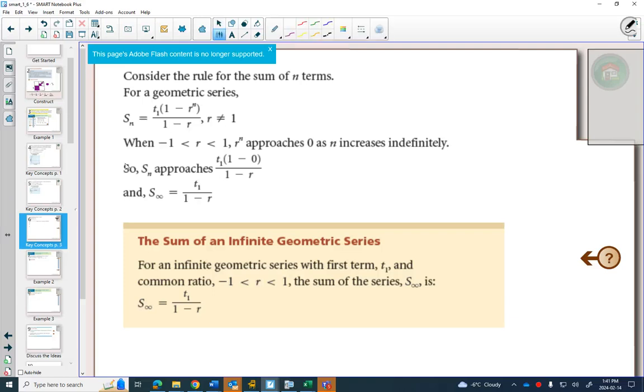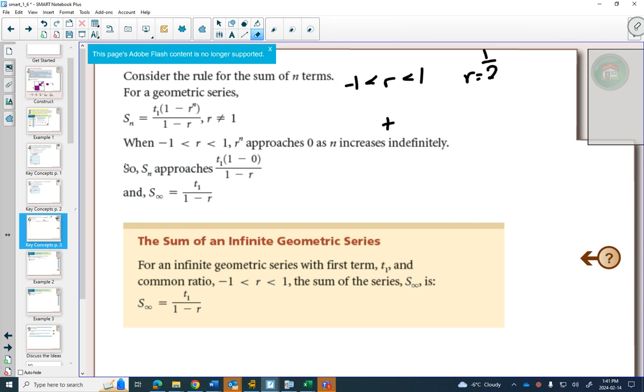So the idea is, if you take any r value between -1 and 1, and you look at its geometric sequence. So if I picked, I like r is 1/2. And I'm going to do a demonstration of this, where I'm going to start off with term 1 being 16.